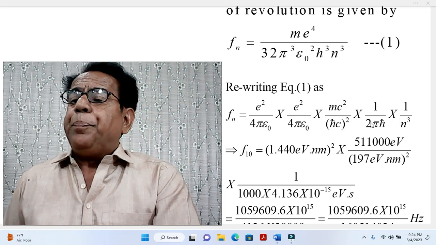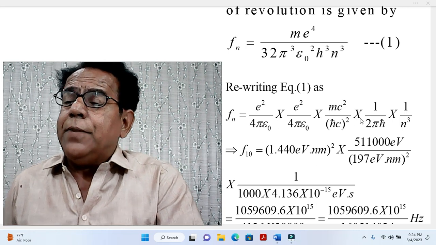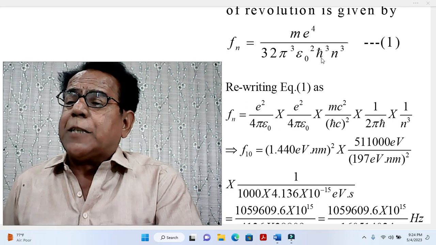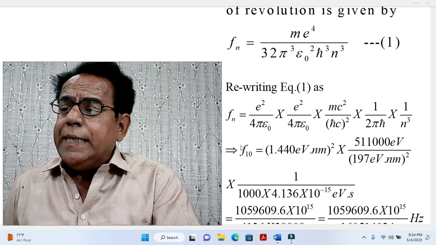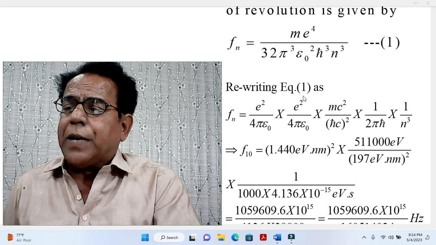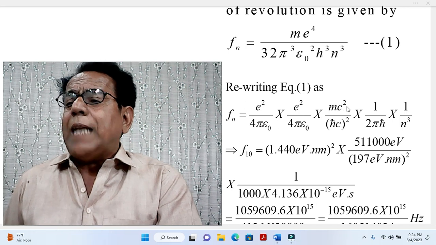And now we write that part of this expression which has not been included in these three separate measuring factors. What is left?